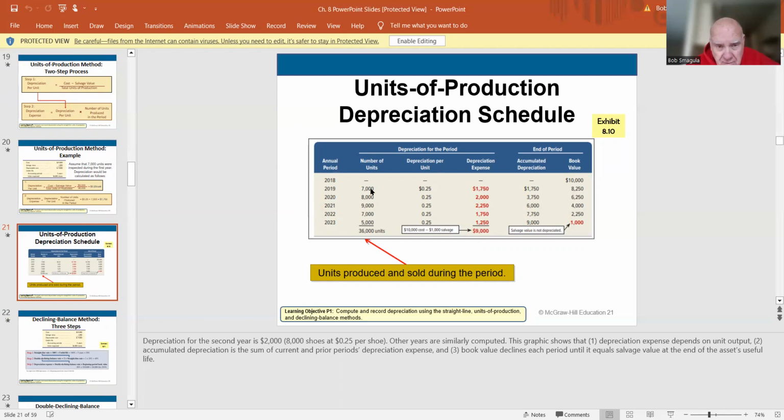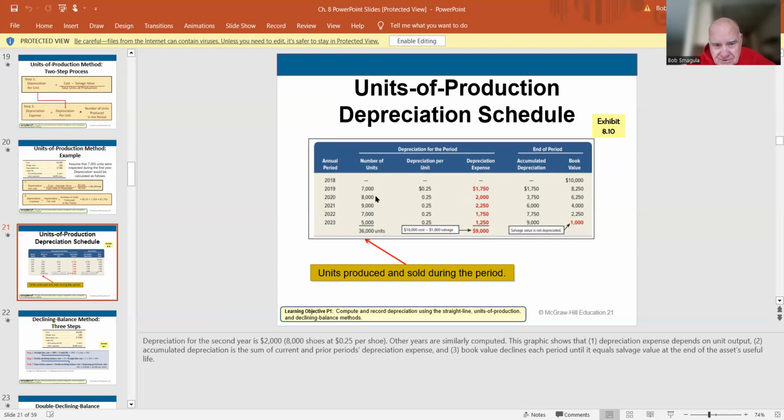So the first year, they inspected 7,000 pairs of shoes at 25 cents each. There's your depreciation expense. There's your accumulated depreciation after the first year. There is the net book value.